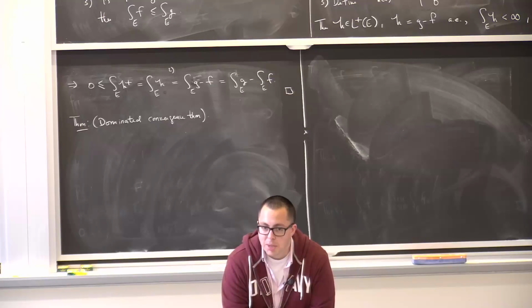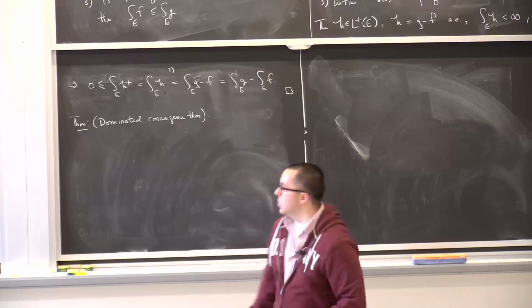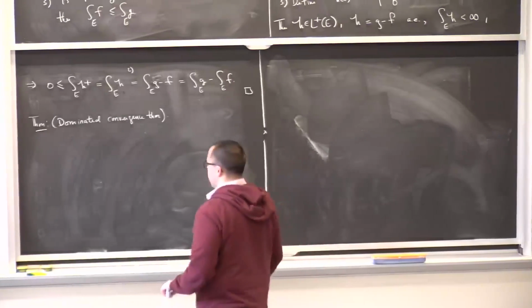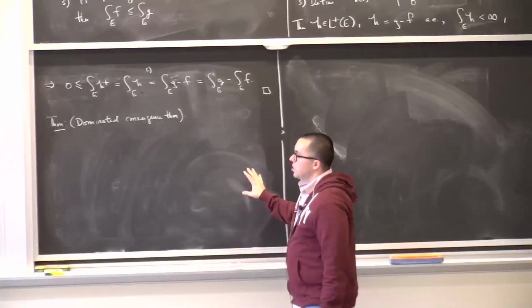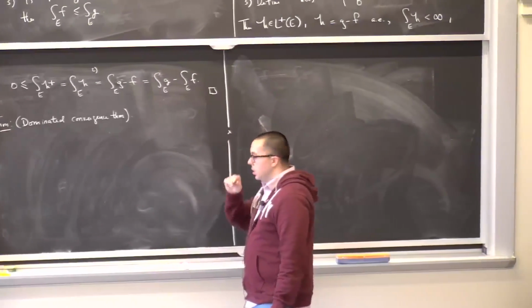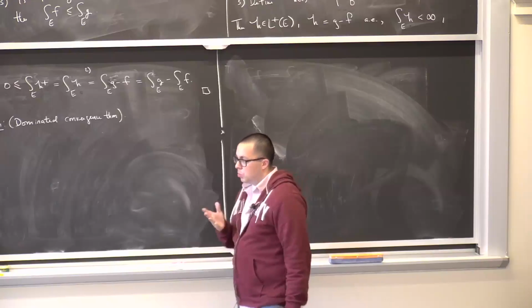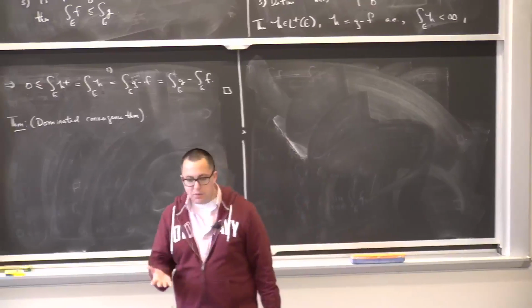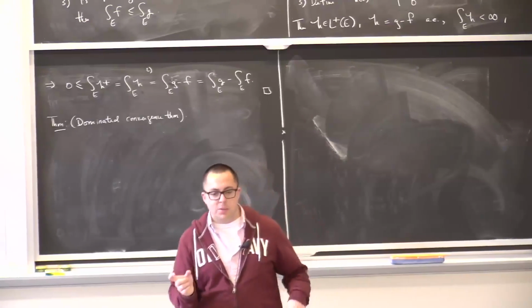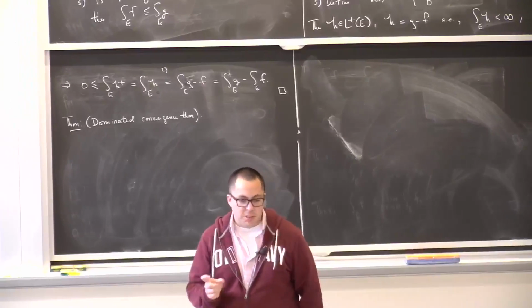Now, what about continuous functions? I'm not going to prove this because we're going to prove something much stronger in a minute. So what about continuous functions on a closed and bounded interval, say, a continuous function on [a,b]?